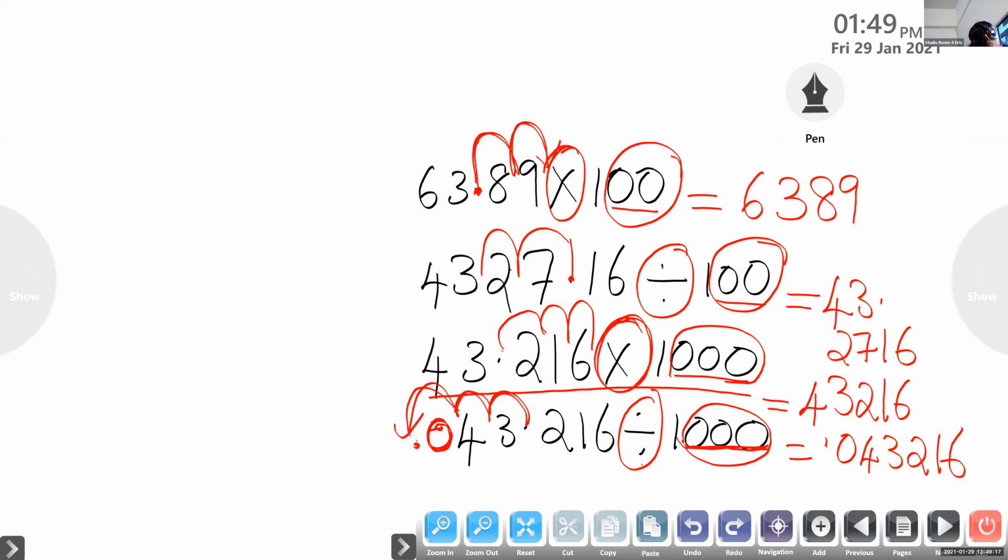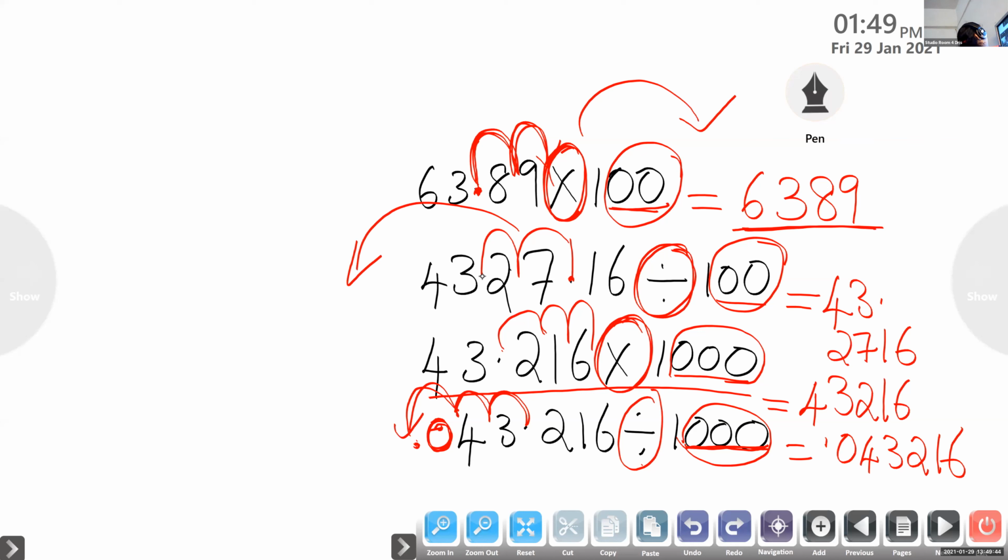So here 63.89. Children, you remember, if it is multiply, you have to move to the right side. If it is divide, you have to move to the left side. And in 100 you have 2 zeros. So you have to move to the right side 2 digits, 1, 2. So 6389 is the first answer. Second one, the point is here, divide. So you have to move 2 digits to the left side.